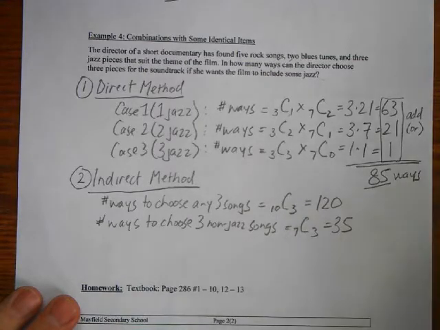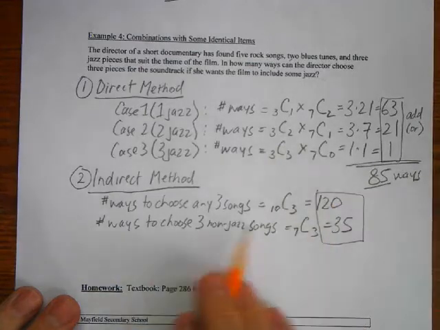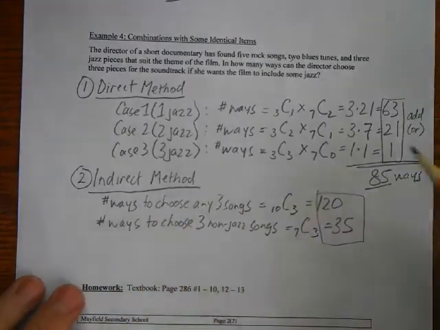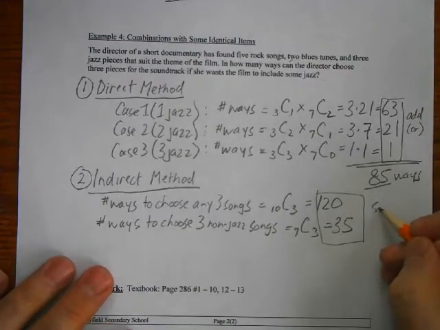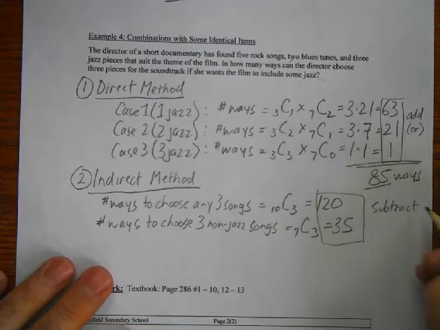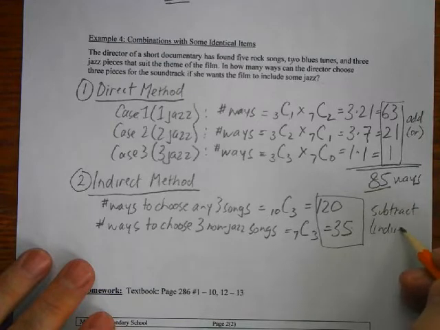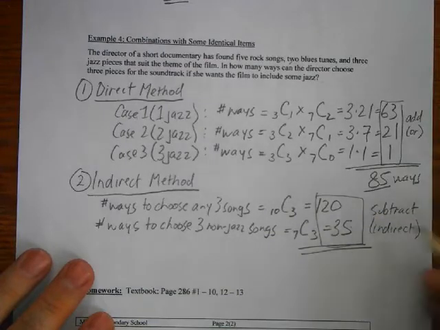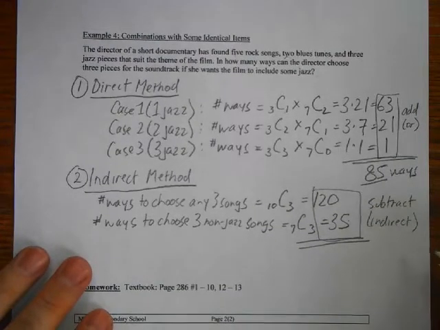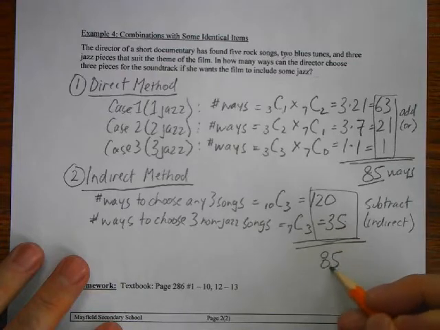Okay, so if we look at these numbers here, with the indirect method, you start with all the possibilities, and what we do is we subtract the ones that we don't want, and that's exactly what the 35 represents. So indirect, we always subtract the possibilities we don't want from the total possibilities. Okay, so 120 minus 35, again, 85 ways.